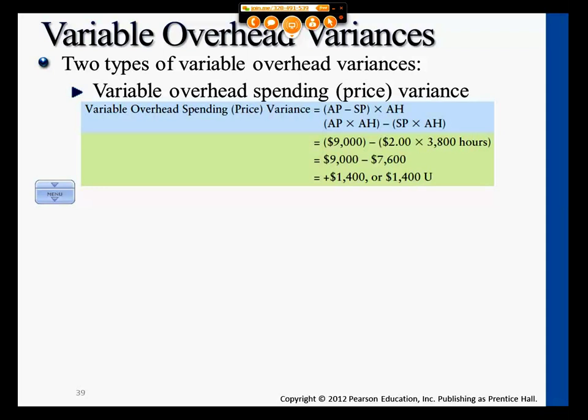Now, just by the logic, it's a variable overhead spending variance. So it's actual minus standard prices multiplied by the actual hours. If I look at it a little further and put the actual hours right into the brackets, what do I get? I get my actual price by actual hours, and when I subtract my standard price by actual hours, what is it?